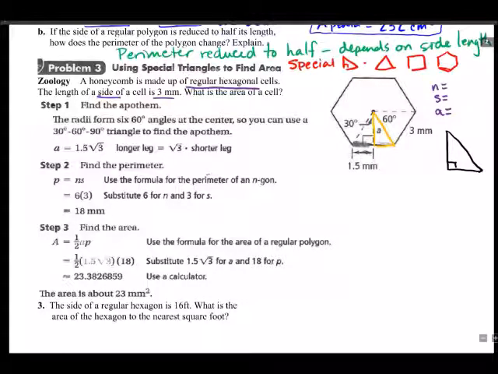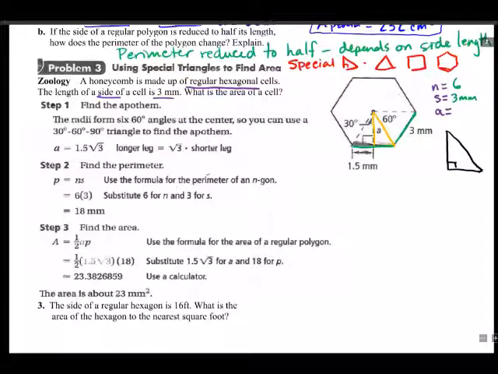Okay? So first off, how do we find everything we need? Well, what do we have? We know the number of sides is 6. We know that our sides are 3 millimeters long, and we need an apothem.